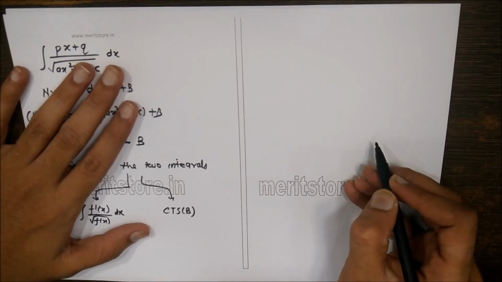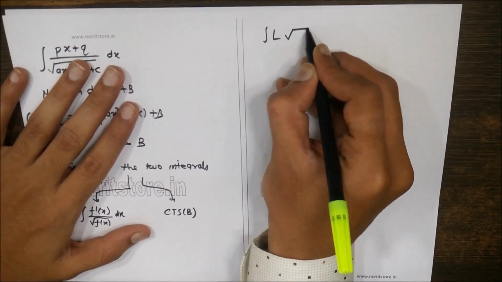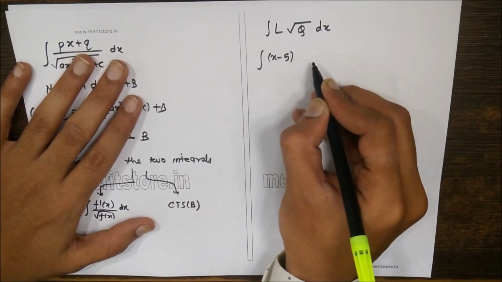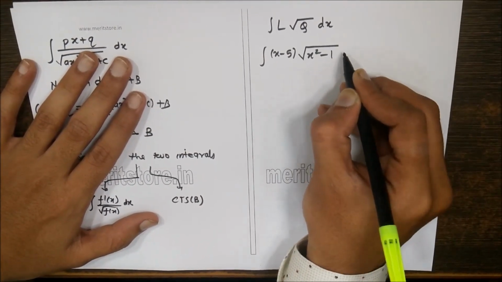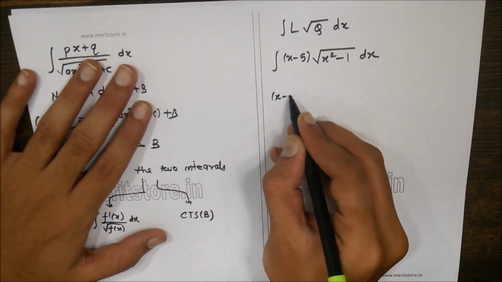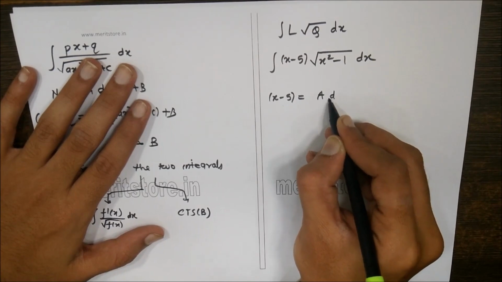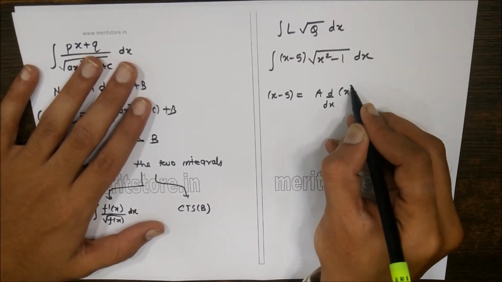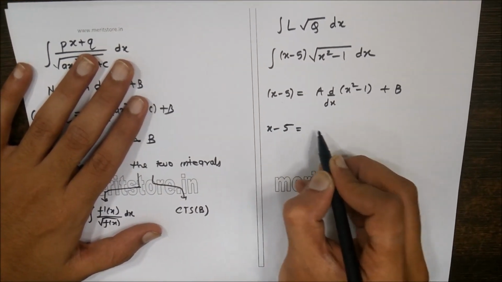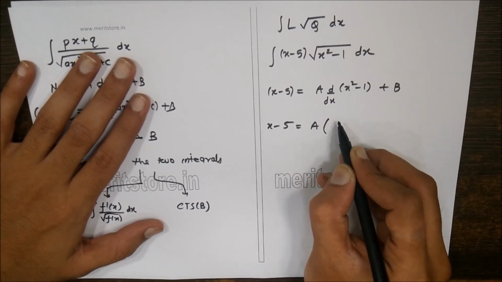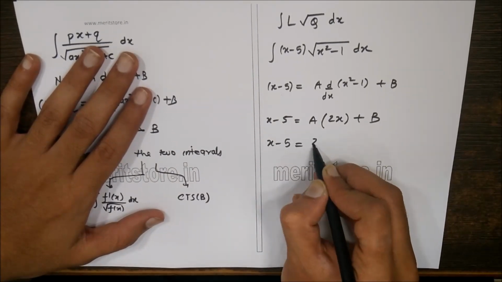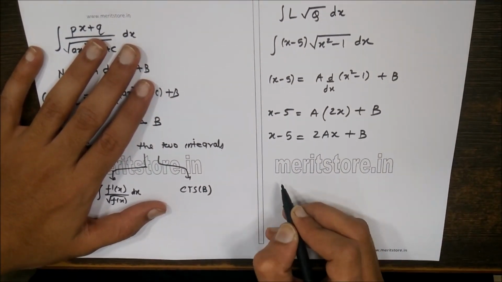Going for the third category of linear into root quadratic. Example, x minus 5 into root of x square minus 1 dx. In this case, again we are going to write x minus 5 as a times derivative of the quadratic, plus b. x minus 5 would be a times the derivative of x square minus 1, which is 2x, plus b. x minus 5 equals 2ax plus b.